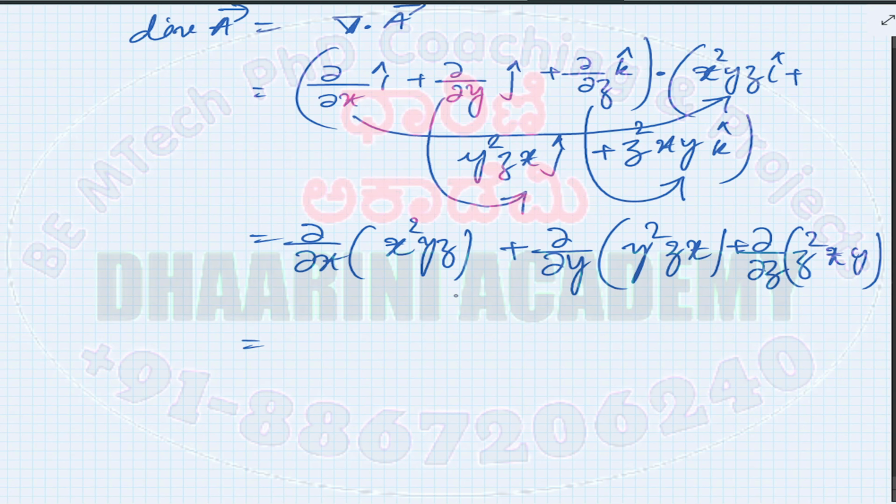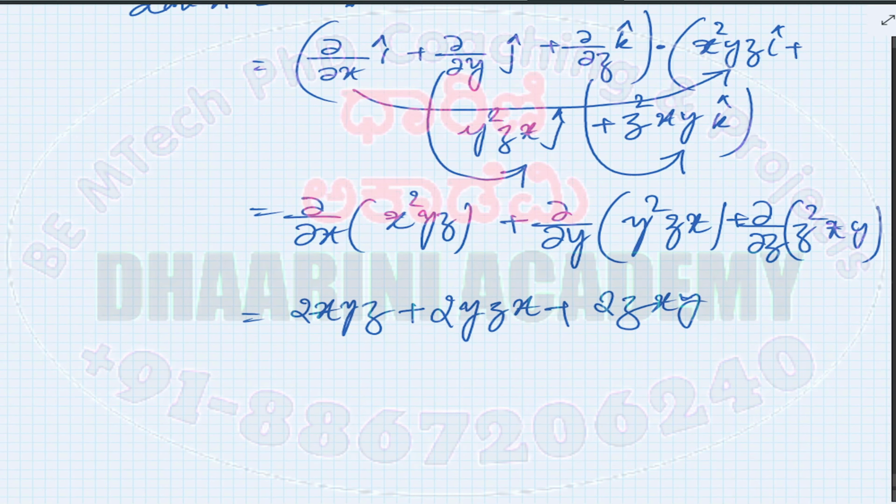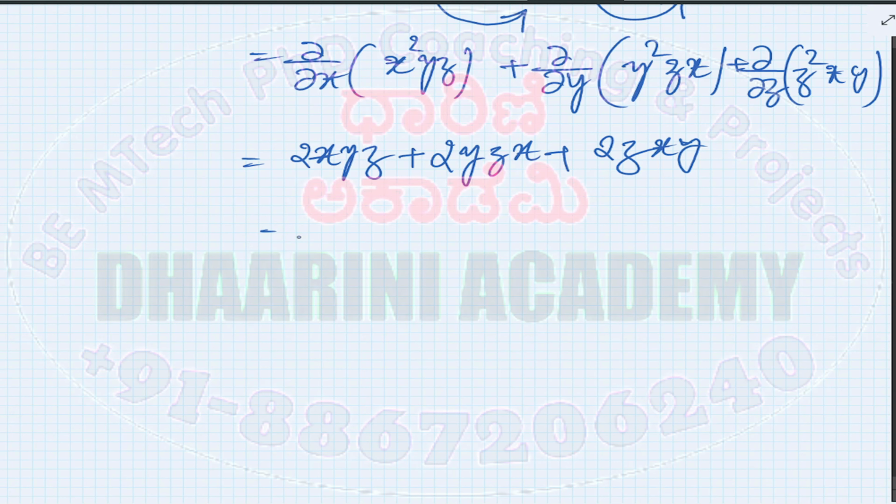X square differentiates to 2x, and after that yz stays as it is. Plus the second term: ∂/∂y of this term, differentiate only the y term, leave the rest, so 2y into zx. Last term, 2z into xy. All the terms are the same, so 2 plus 2 plus 2 is 6. So the answer is 6xyz, the final answer.